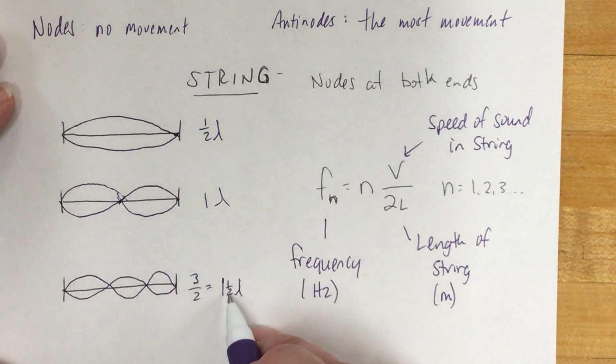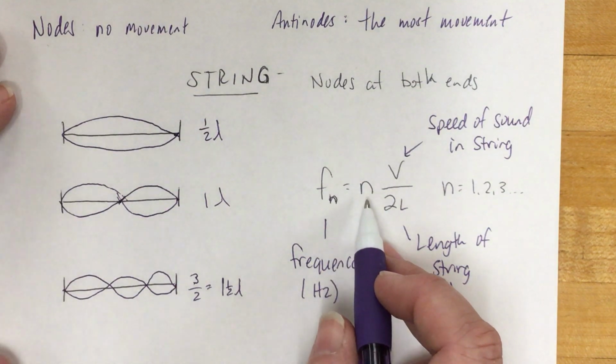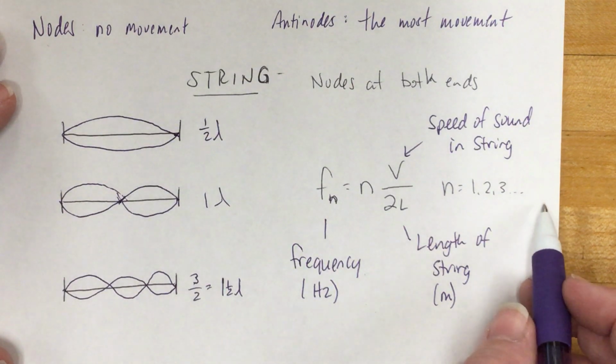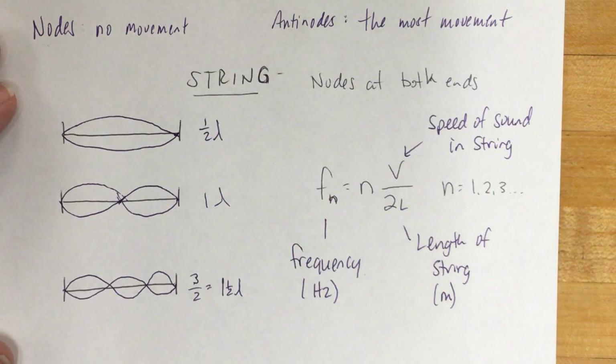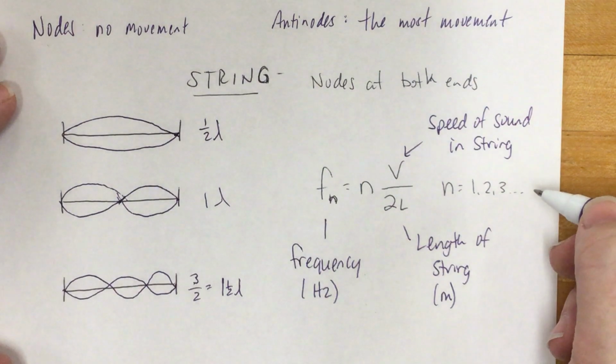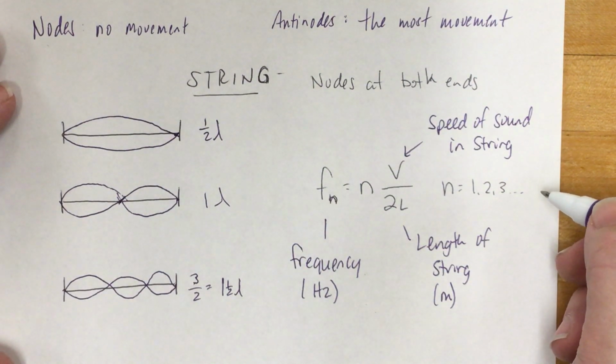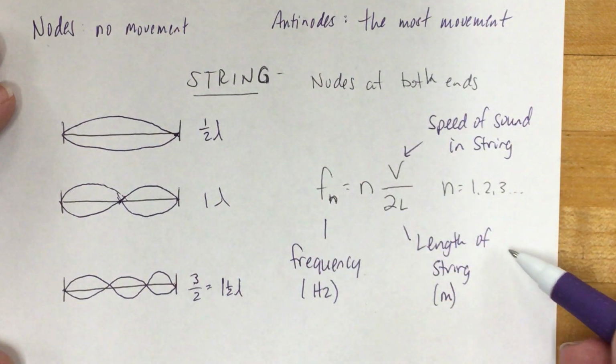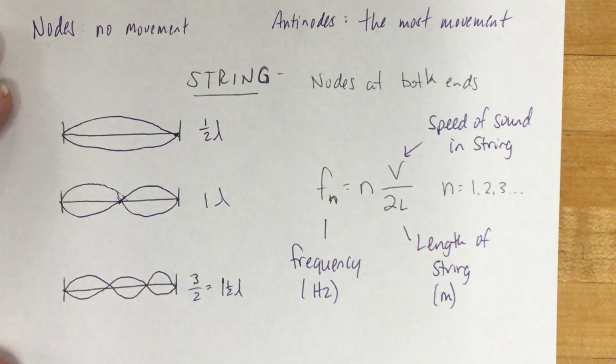And I could continue with other values all the way down. I could say 4, 5, 6, 7. The only thing that'll happen is if you're dealing with sound, they get really, really quiet as you do that. So with a string, you have this equation, and you're dealing with this type of setup.